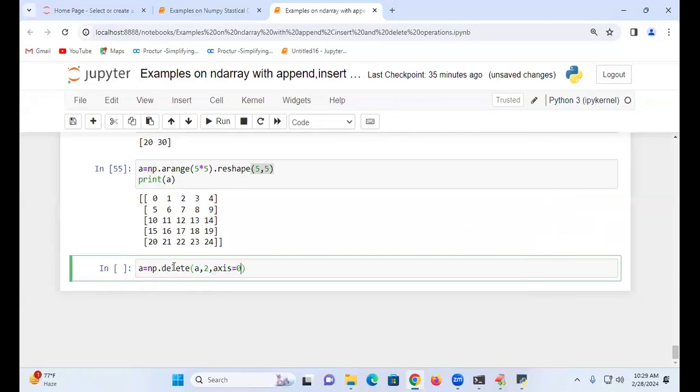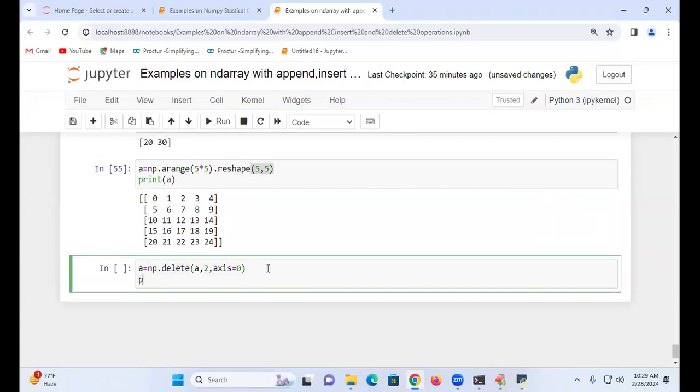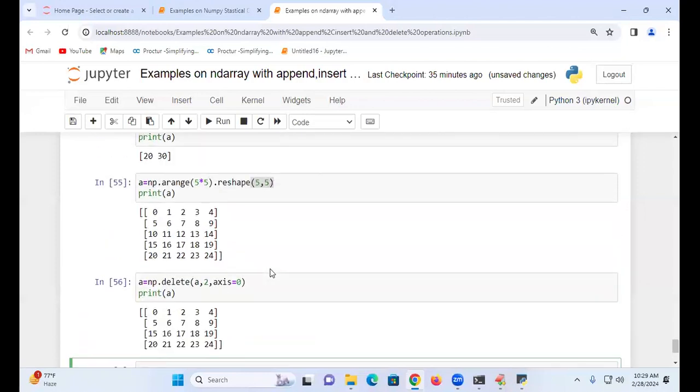Axis is equal to 0. a = np.delete(a, 2, axis=0). What is axis equal to 0? Row. Which row? The second row. Print a. Deleted or not? Yes, deleted.